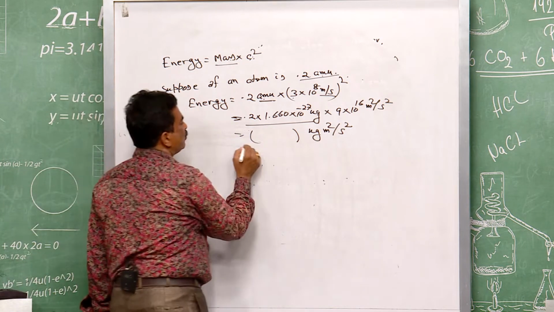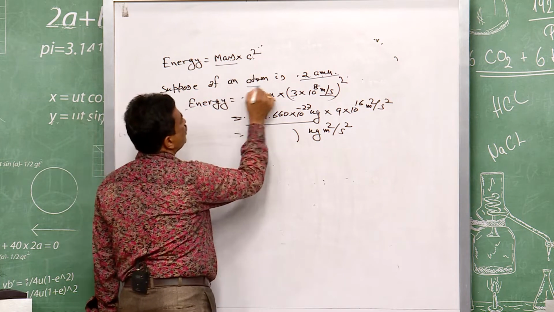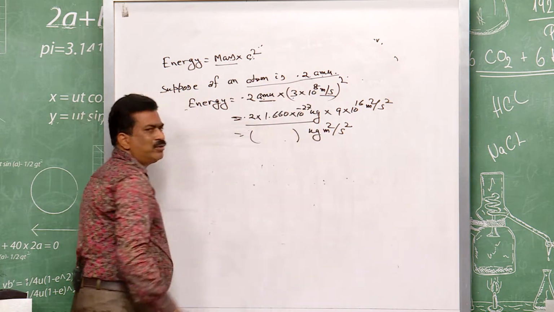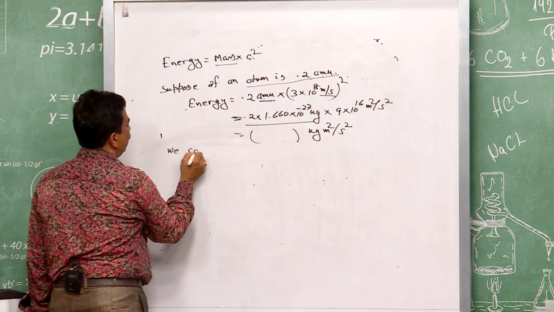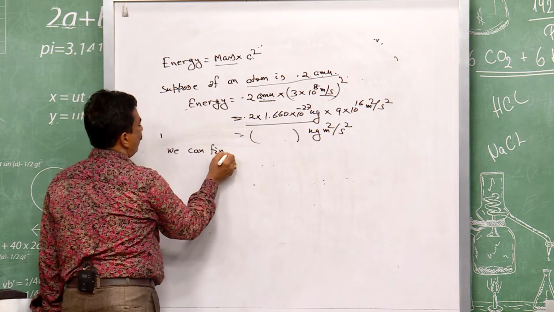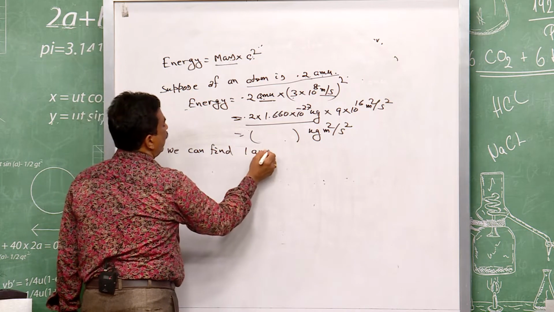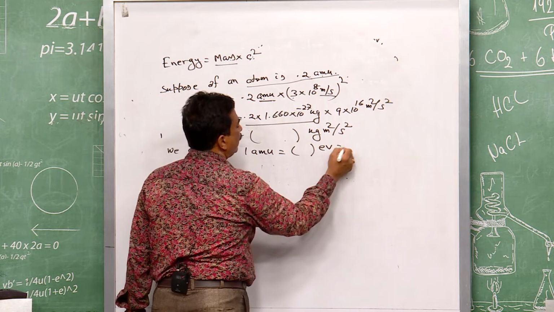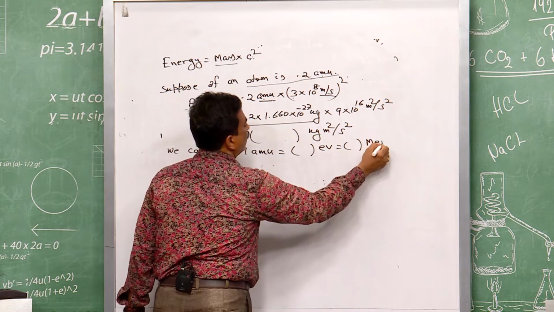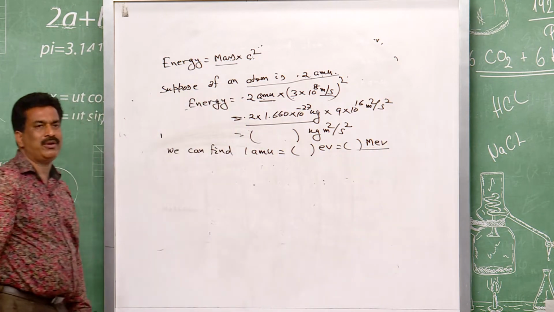If the mass is this much, then the energy will be that much. In that way you can find how much 1 amu is in eV or in MeV.